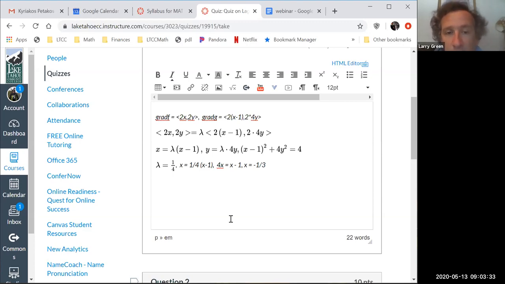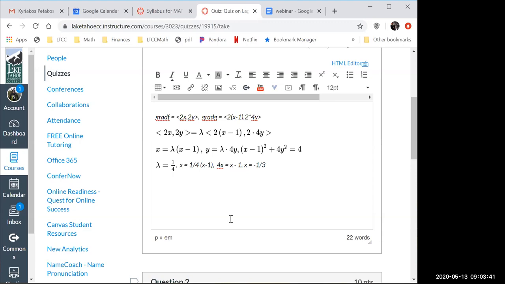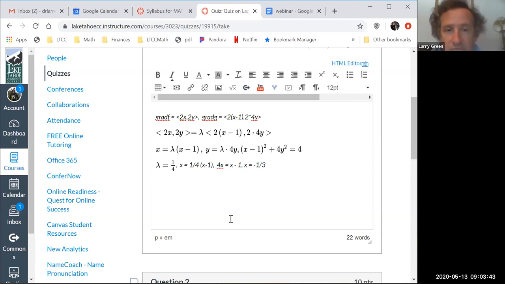Okay, we want y, so what equation haven't we used yet? The third one. Yeah, we haven't used the third one, so let's plug in. I'm going to do a little in my head. -1/3 minus 1 is -4/3. -4/3 squared is 16/9.